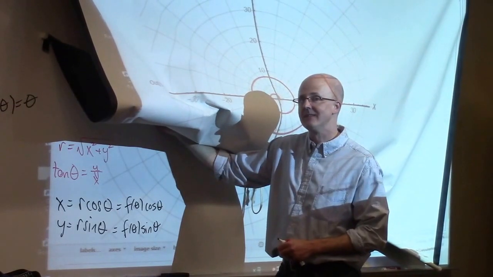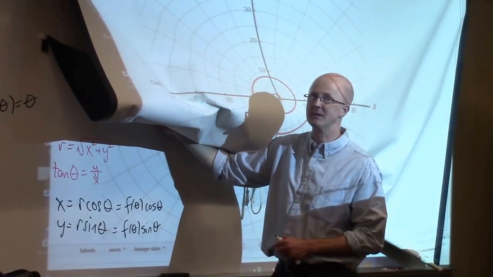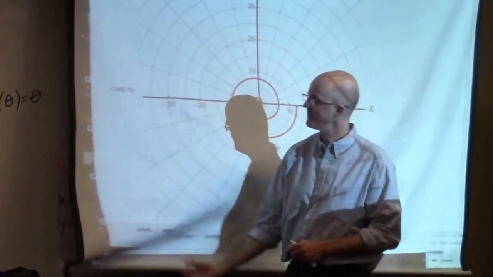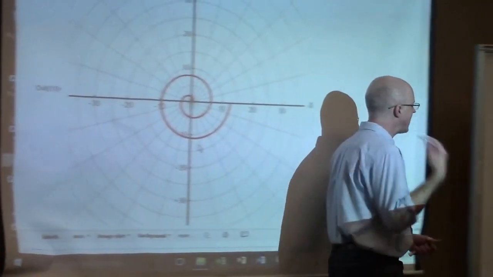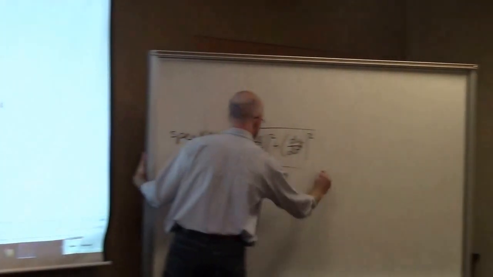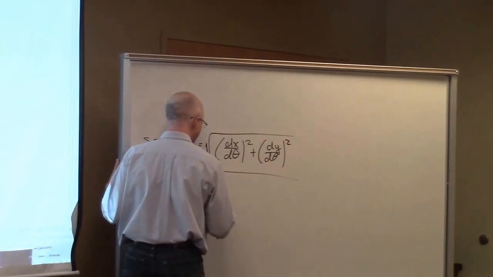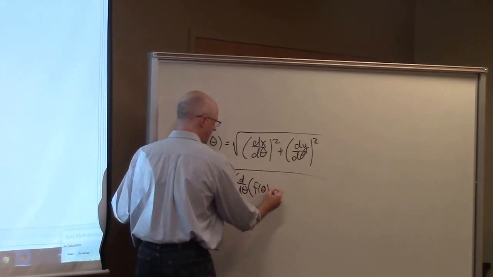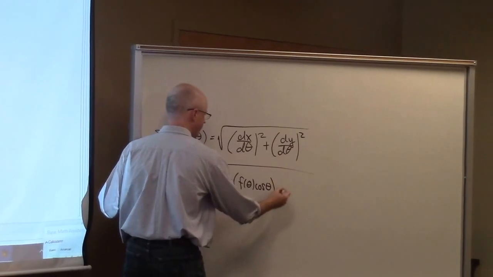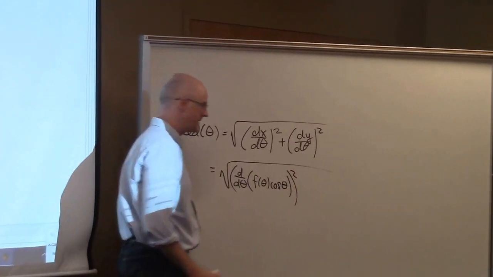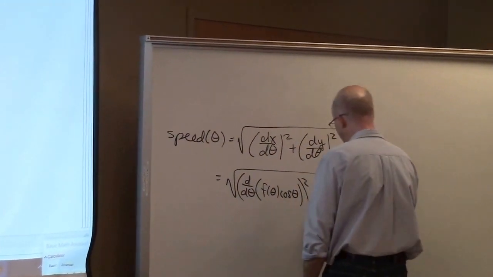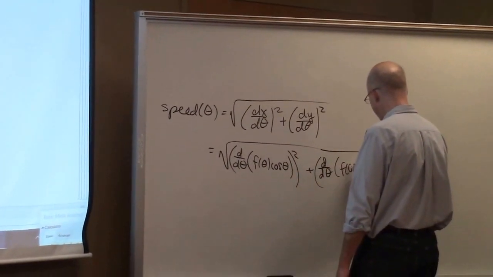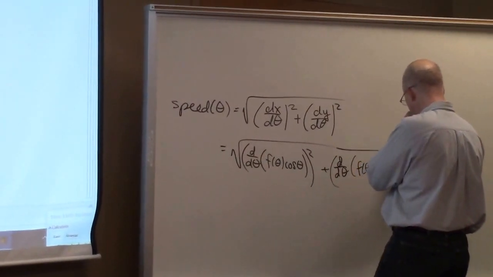It is the case that you get some simplification typically with the fact that cos squared theta plus sine squared theta equals 1. But if I'm going to write it based on that, I could also write it this way: the square root of d d theta of f theta cos theta, that derivative gets squared, plus d d theta of f of theta sine theta.